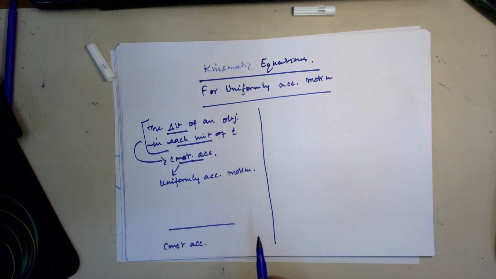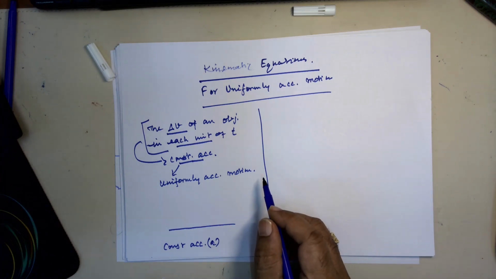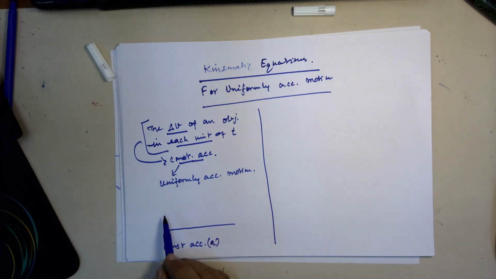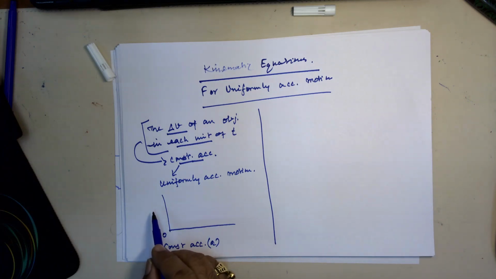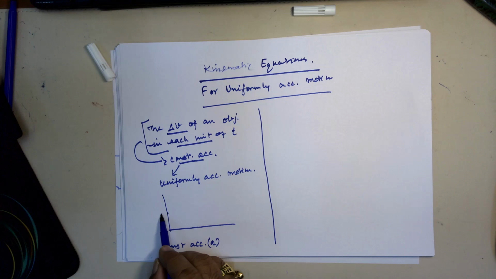So this constant acceleration is represented as A. Now U be the initial velocity. Let me start from here, and this is the initial velocity. Let me say this is P.